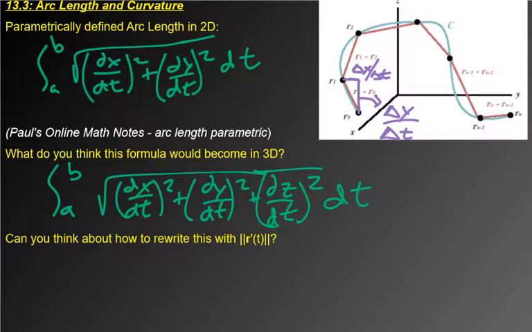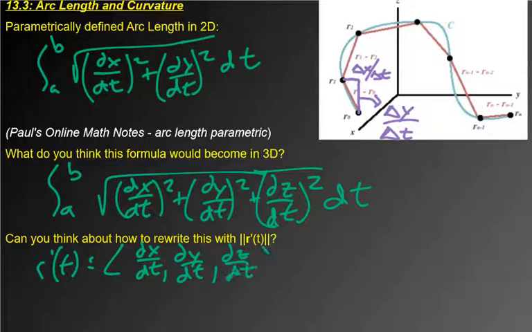And there's actually a way to write this a little nicer if you think of what the magnitude of r prime would be. So r prime is basically dx/dt, dy/dt, dz/dt if it's 3D. You could also have 4D or 5D or whatever.